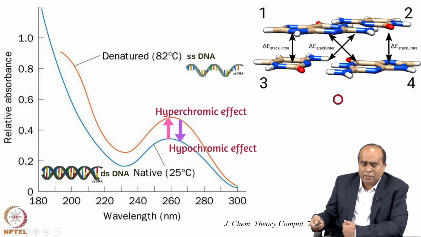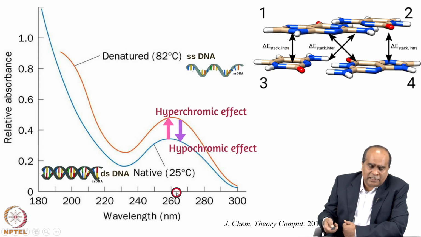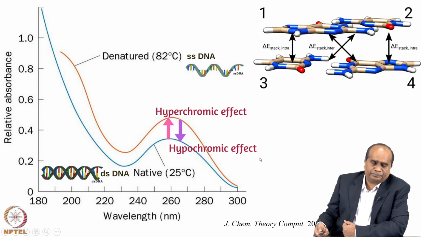In the structured DNA, base stacking happens and absorption decreases, and when they denature, it goes to hyperchromicity, like denatured at 82, it becomes single stranded. When it is double stranded, absorption decreases, that is hypochromicity.